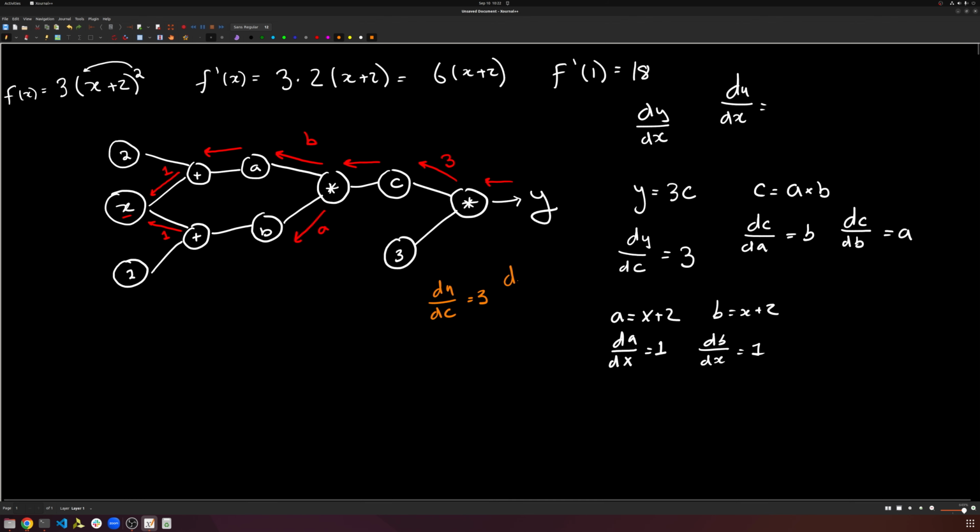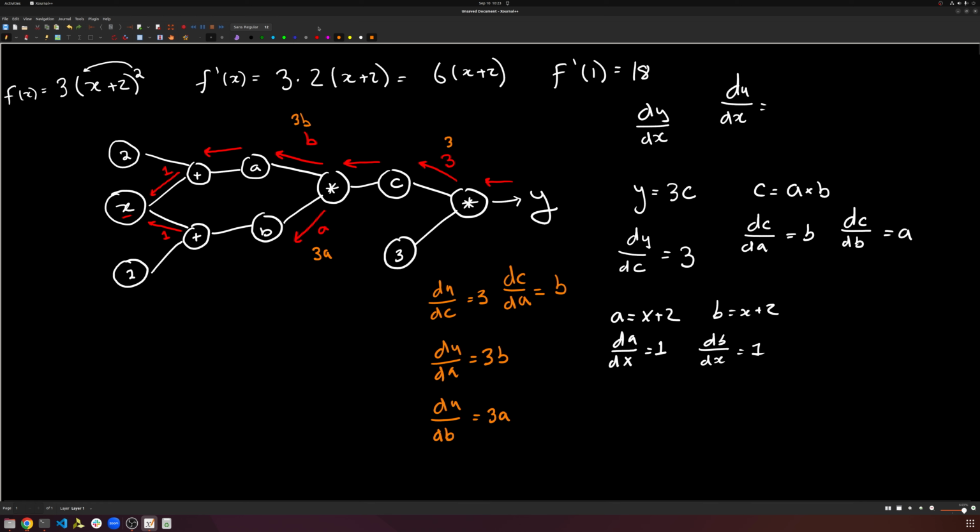And then dc/da is equal to b. This means dy/da is equal to 3b, by the chain rule, because dy/dc times dc/da gives me dy/da, which is just 3 times b. So here it's 3, here it'll be 3b. Similarly, dy/db is equal to 3 times a, so we're at 3a here.